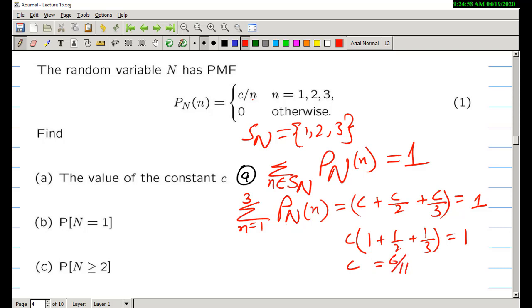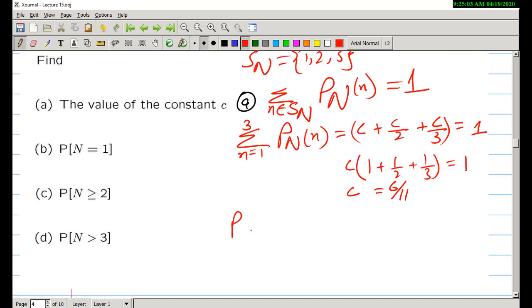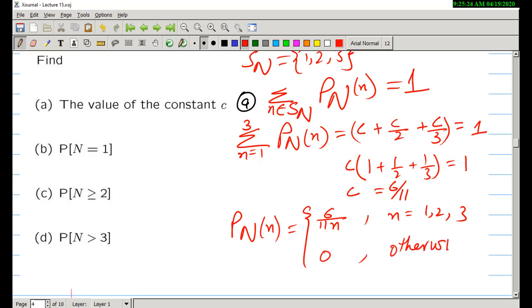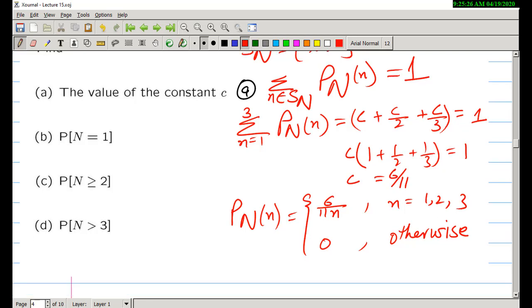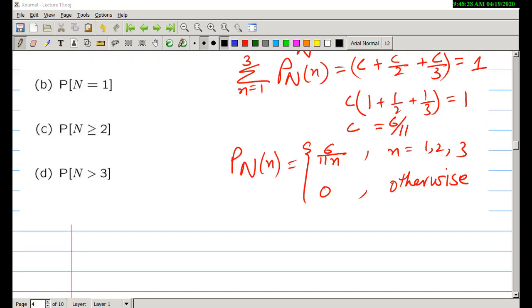Now that we have found C, we can write P_N again to complete this: it is C by n, so now C is 6 by 11 n, for n equal to 1, 2, 3 and 0 otherwise. Now we can find the probability for part B, for n equal to 1.